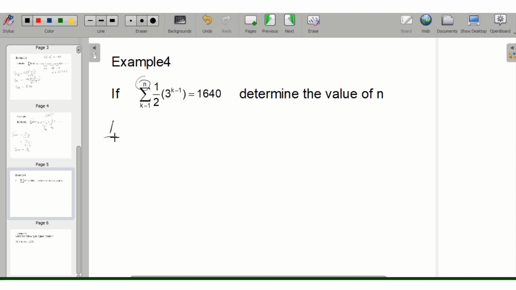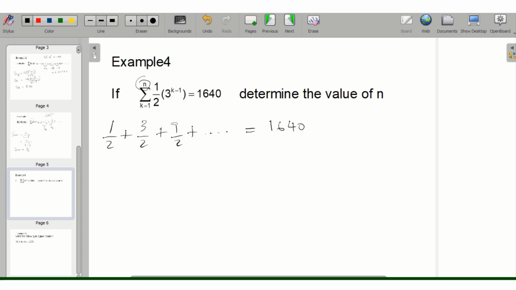So our first three terms will be 1 over 2 plus 3 over 2 plus 9 over 2 and so on. And we are told that eventually when we add all these terms, we'll get 1640.